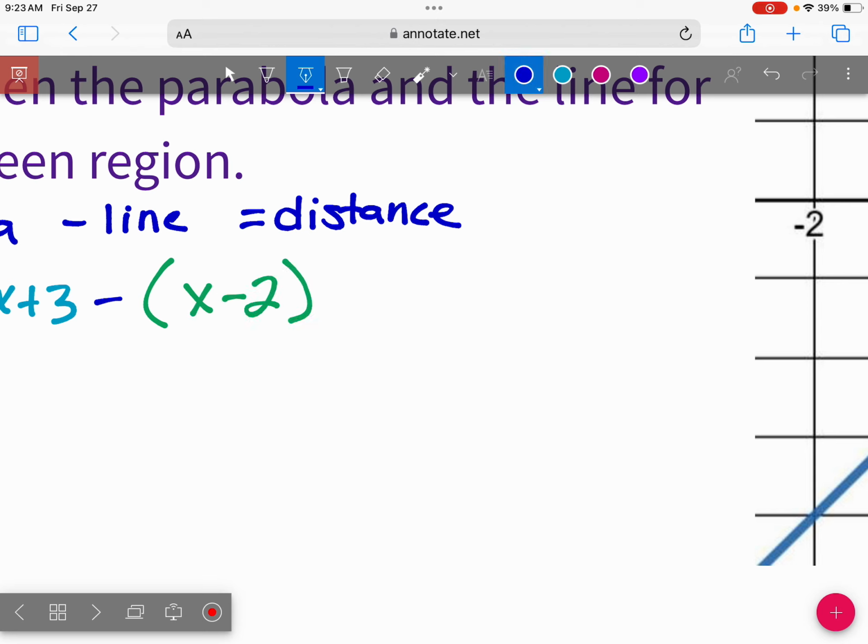Why? Because the distance is the difference between them. We're looking for our maximum vertical distance, that's the distance between this point and this point. I could take my 3 minus negative 2 to find that this is probably 5 squares. We could find this vertical distance by taking my 3 minus 0, a distance of about 3 squares. I could find this distance by subtracting them if I knew those exact values. The point is to try and find our exact values. So we're going to take our parabola minus our line to find that distance.